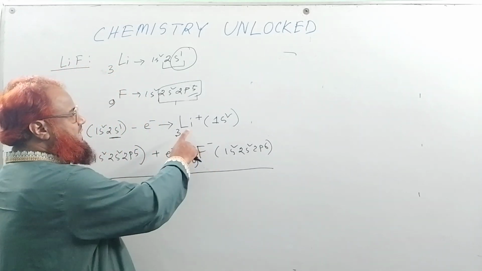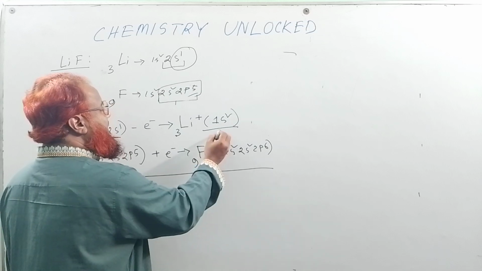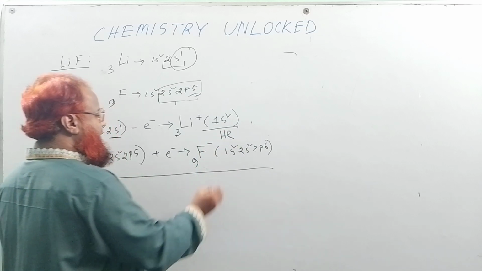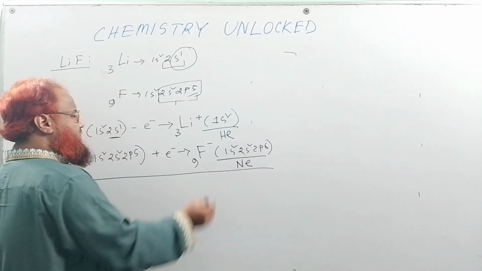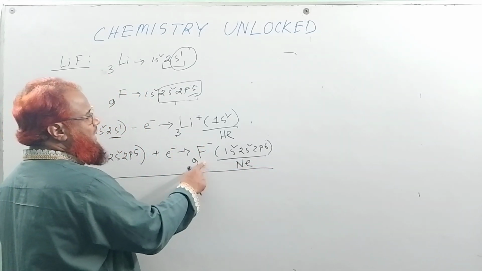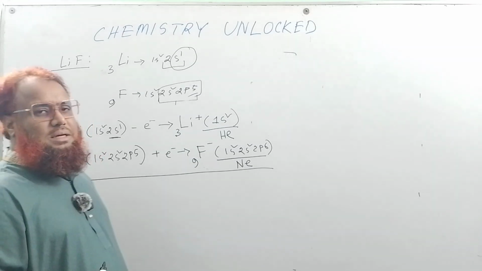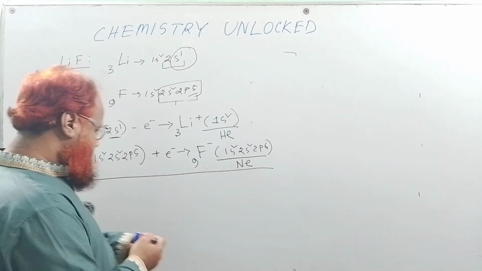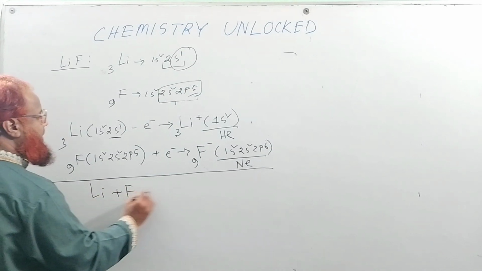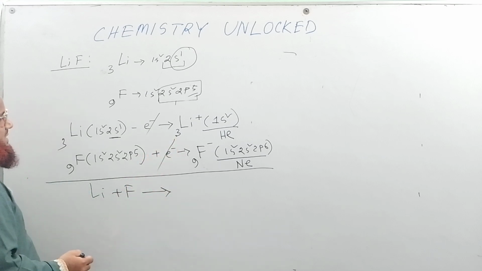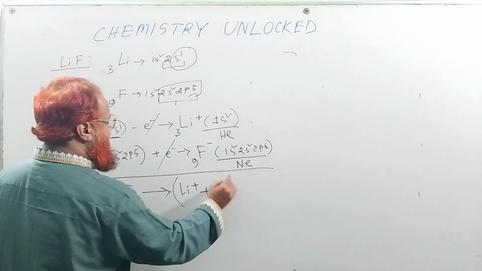For example, here the lithium ion obtains the electronic configuration of the nearest inert gas, helium, and here fluorine obtains the electronic configuration of neon. So, this lithium ion and this fluorine ion are both stable in nature due to their inert gas electronic configuration. Now, lithium plus fluorine, the charges will cancel each other, and Li plus and F minus will make lithium fluoride.